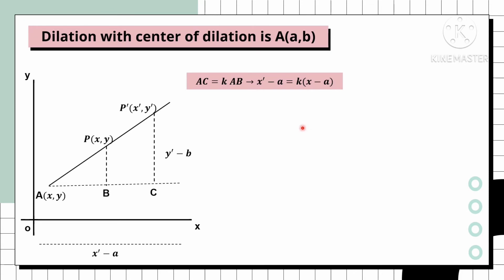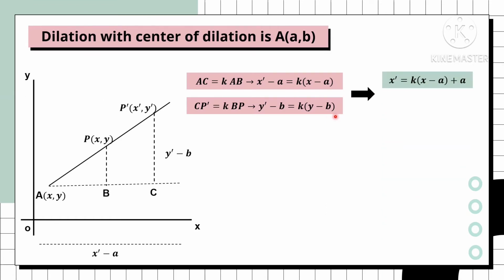Next, CP prime is equal to k times BP. Then y prime minus b is equal to k times y minus b. This form can be written in this form, where a and b move to the right side of the equation.